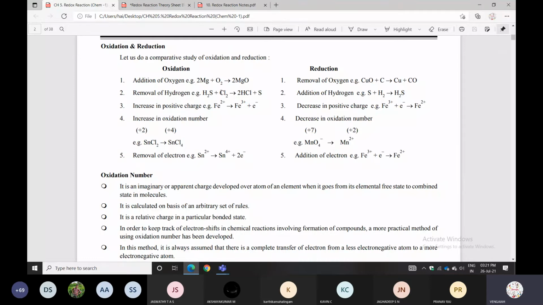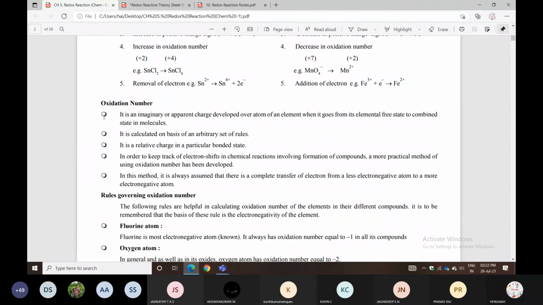Oxidation: addition of oxygen, removal of hydrogen, increase in positive charge, increase in oxidation number, removal of electrons. Reduction: removal of oxygen, addition of hydrogen, decrease in positive charge, decrease in oxidation number, addition of electrons.